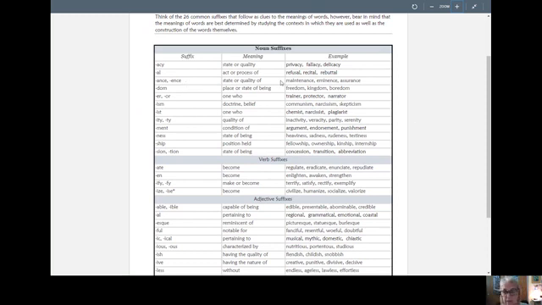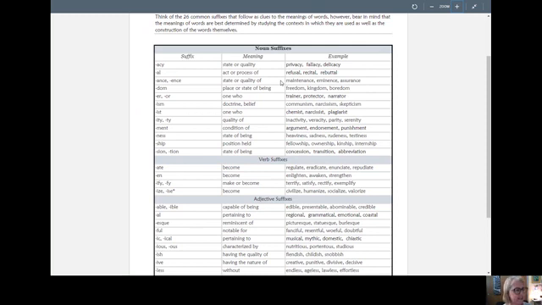Again, this is state or quality. You'll see many different suffixes kind of do the same job. The reason is that when we have our words in English, we want to put a suffix that complements that base word, that root word. And some suffixes don't sound right with them, so we have different suffixes that work with them.